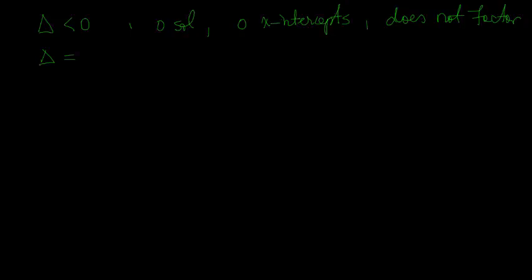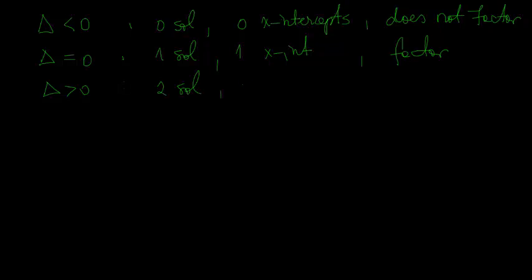If delta equals 0, I will have one solution, one x-intercept, and the expression does factor, however, into a perfect square. And finally, if delta is greater than 0, I will have two solutions, two x-intercepts for the function, and again, the expression will factor.